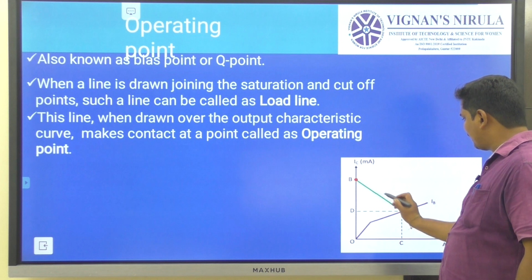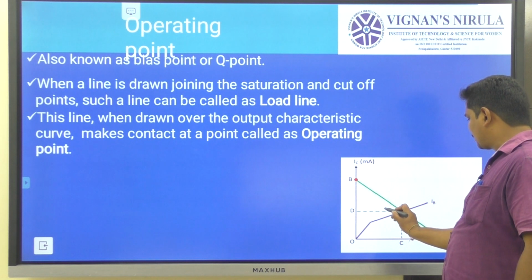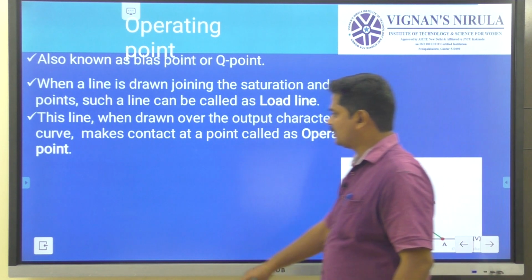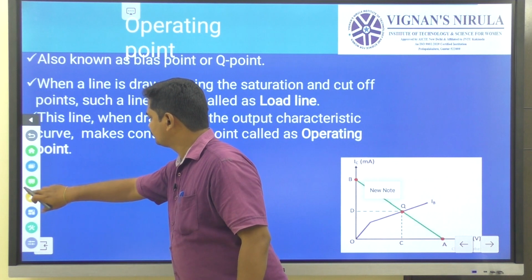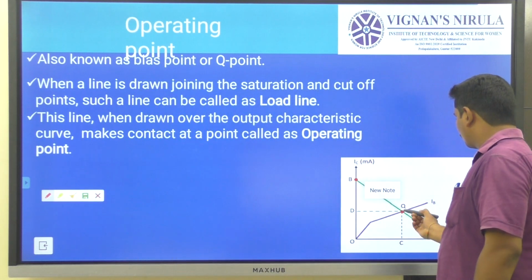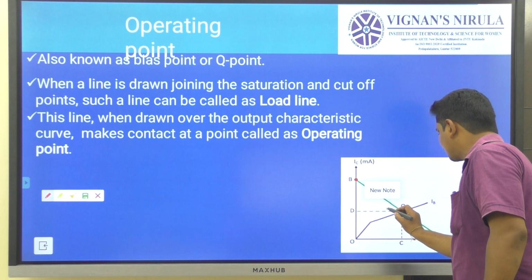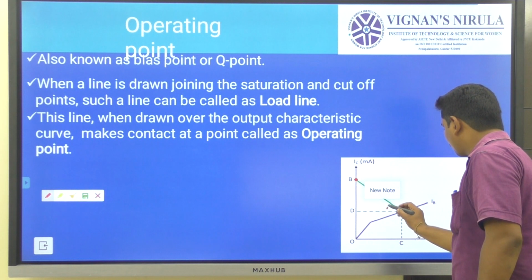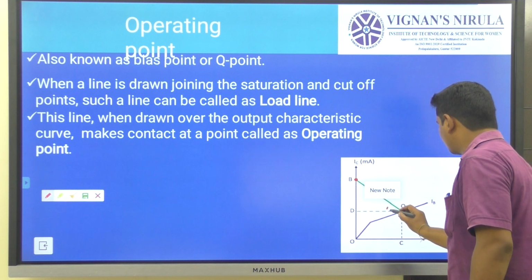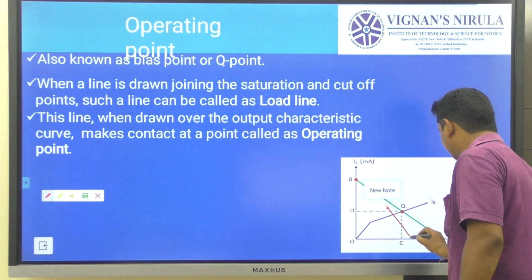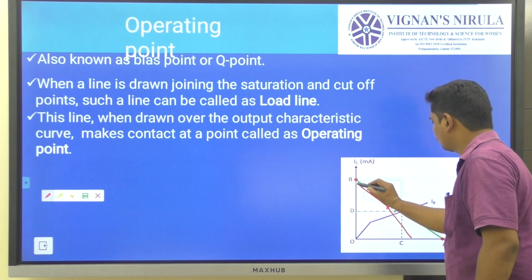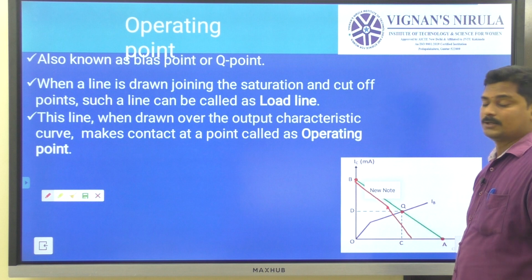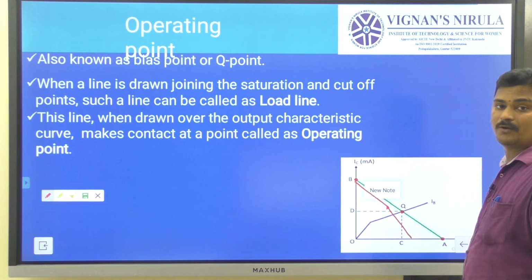If IC varies, the Q point will be shifted in this way. Then if you draw the line between these two, we will get this. So automatically your Q point also will vary.